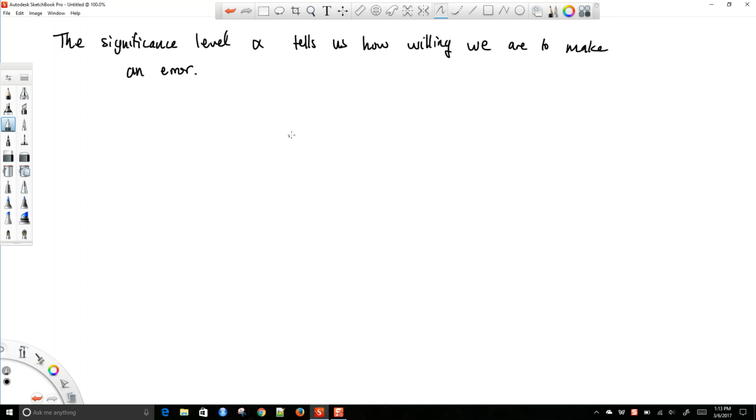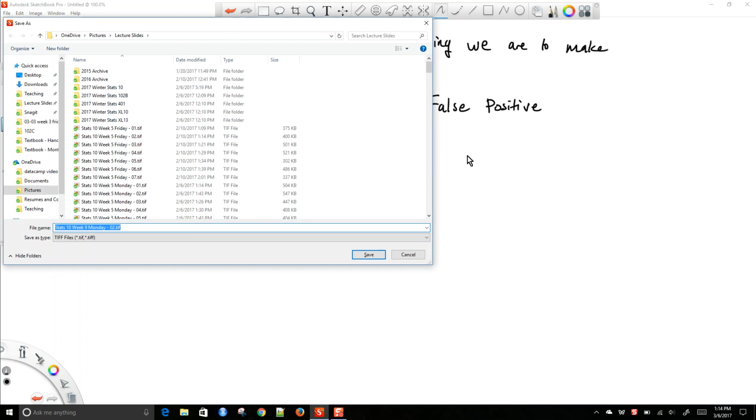There are two types of mistakes you can make, and when it was first being developed, they could not think of good names for this, so they called the first type the type 1 error. Later on, we said a better name for this is the false positive. But type 1 error has endured in the literature, and it's still being used today.